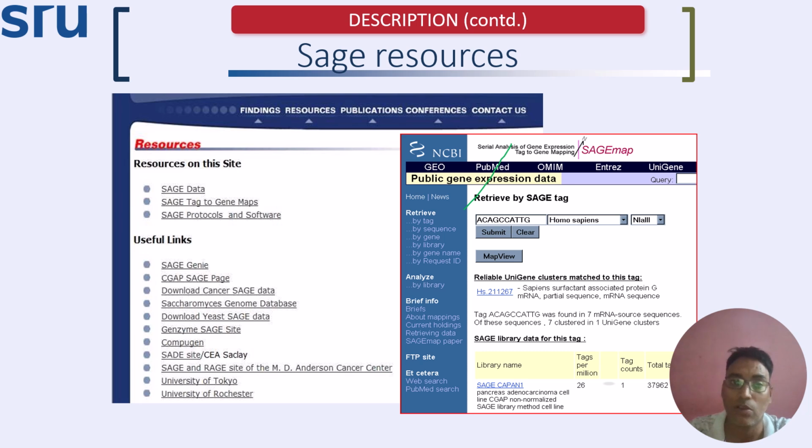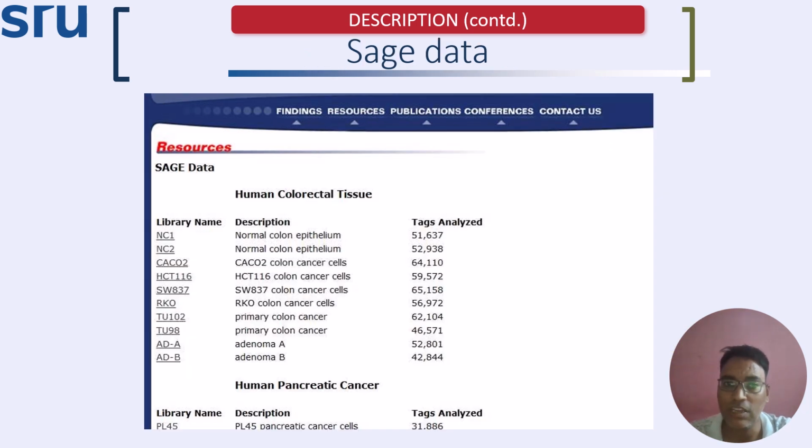It is so beautiful. If I extend this further, big repositories have been built for analyzing SAGE data. For human colorectal tissues, several different libraries have been formed here: NC1, NC2, CSCO2, SCT116, SW837RQ, TU102, TU98, ADA, ADB, which are adenoma A and adenoma B, and the pancreatic cells.